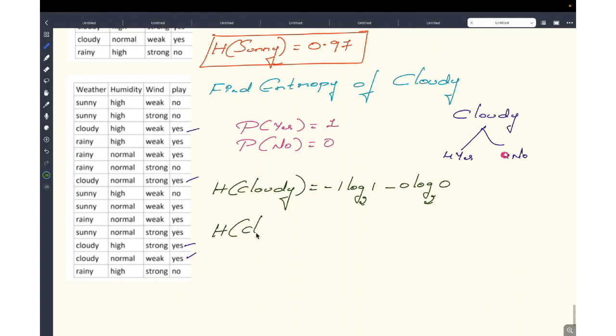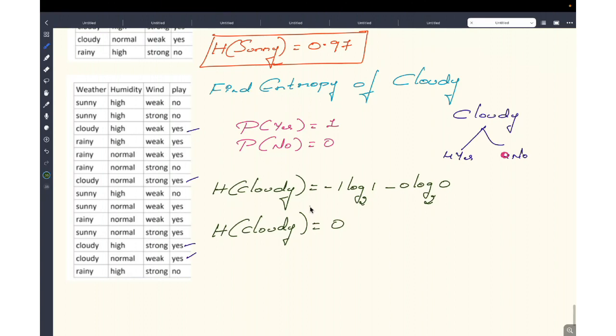So what do you conclude from this? When weather is cloudy, no confusion. What can the child do here? He can play. When it's cloudy, nobody looks for humidity or wind. Direct permission: go and play.